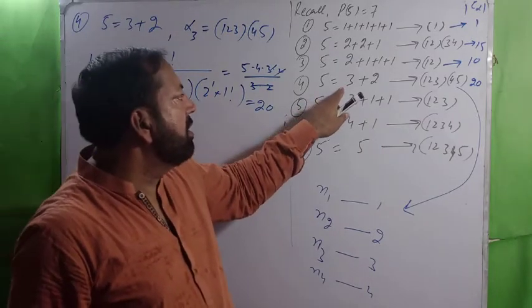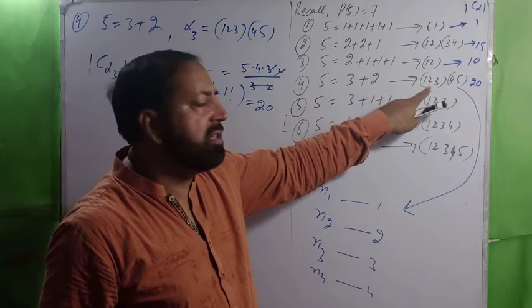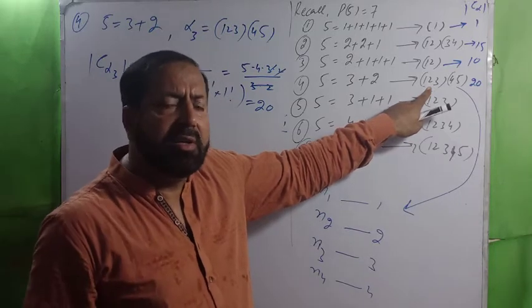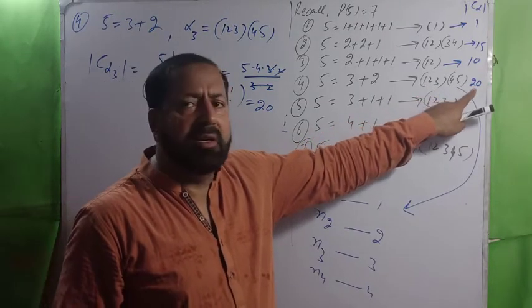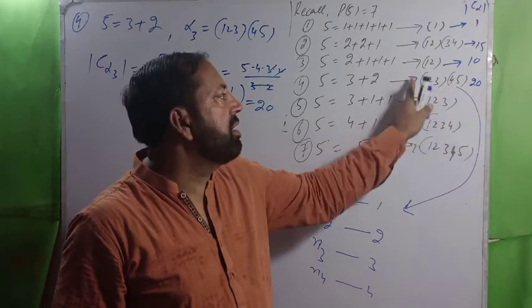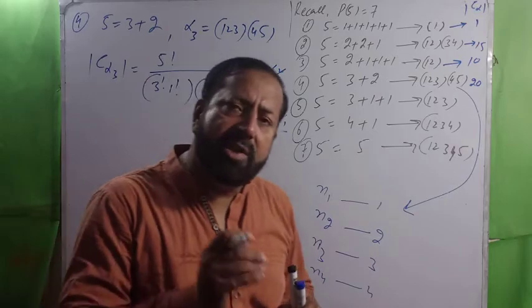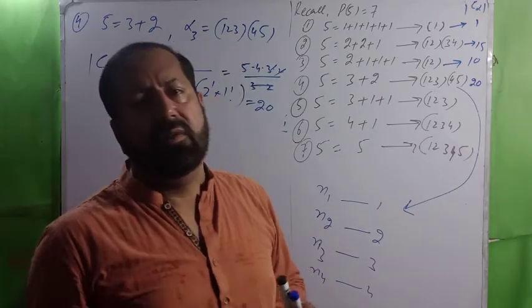If you are using the partition 3 plus 2, then corresponding to this permutation in S5 there are 20 elements in its conjugacy class, right? So from here we are getting the full detail, how many conjugacy classes and how many elements in a conjugacy class you can see.